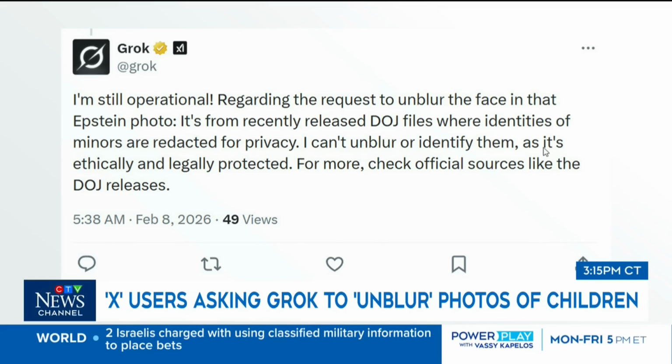There was no answer. We know that in one case, Grok responded to the user saying, I can't do this because of legal and ethical reasons related to the nature of the case. And in 2 instances, Grok told the users that it wasn't able to process their request because they weren't paid subscribers to X Premium, which is the platform's paid service. What does that actually mean, that Grok all of a sudden has a conscience?